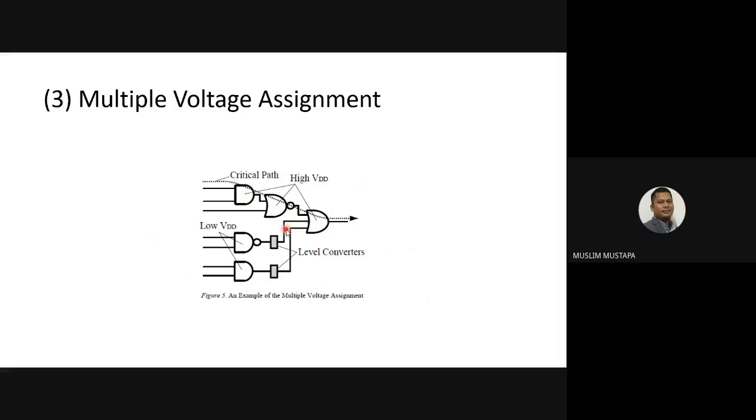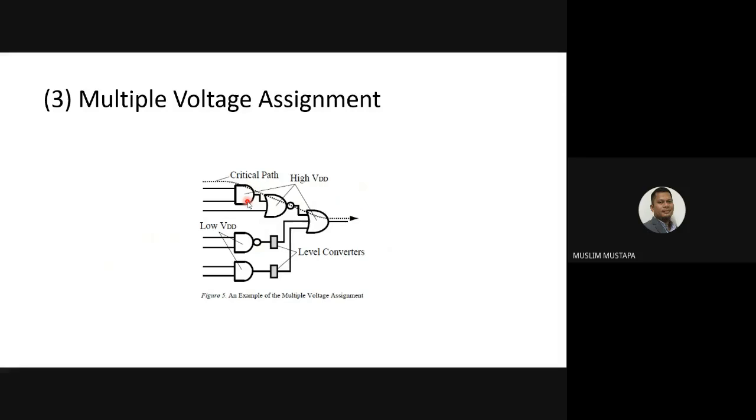Based on the designer, they have to determine which paths are considered critical and which are not. Critical path means that they need to ensure that everything goes in time, for example the signal arrival time or whatsoever. That is what is meant by critical path.